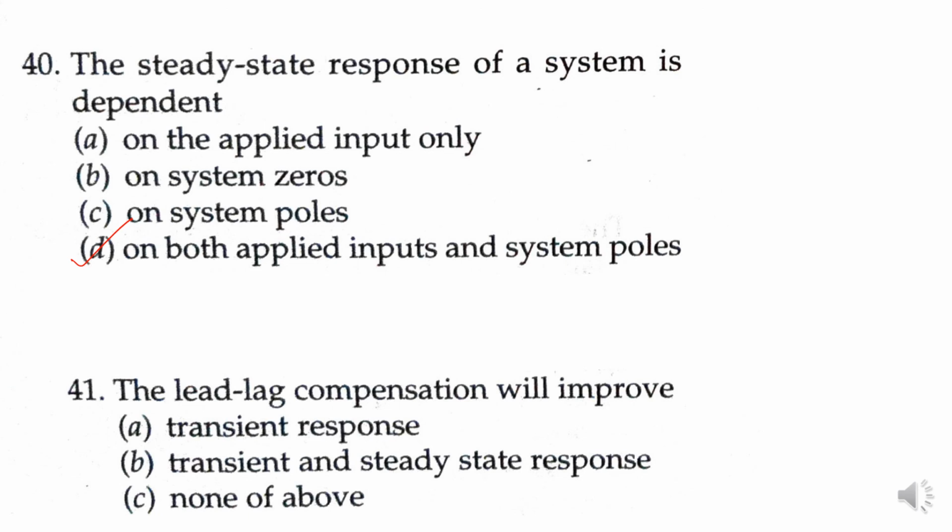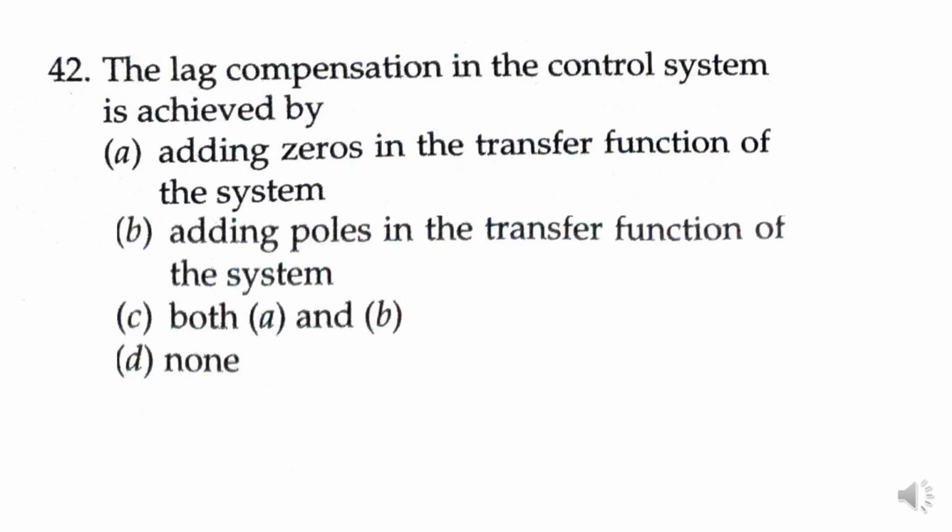Question 41. The lead lag compensation will improve both transient and steady state response. The lag compensation in the control system is achieved by adding zeros in the transfer function of the system.